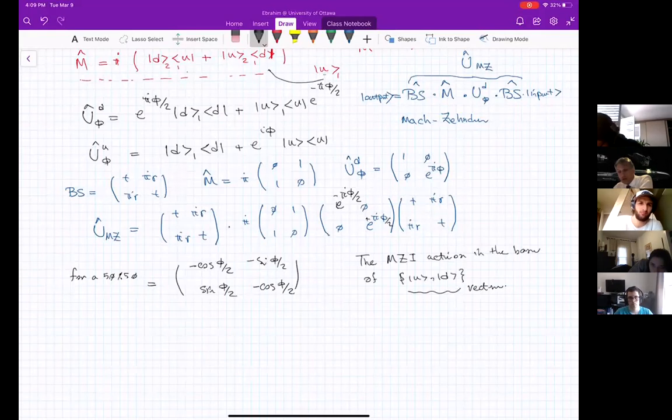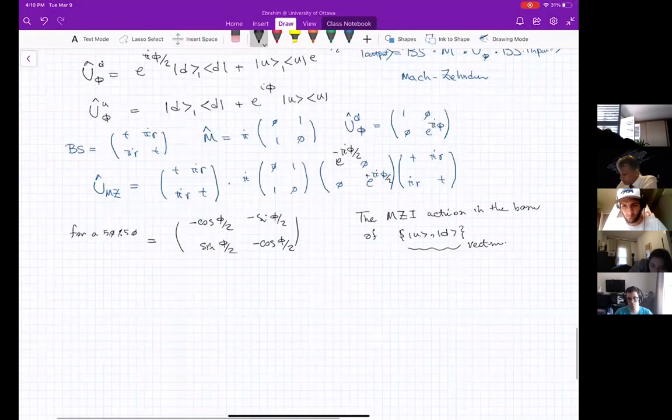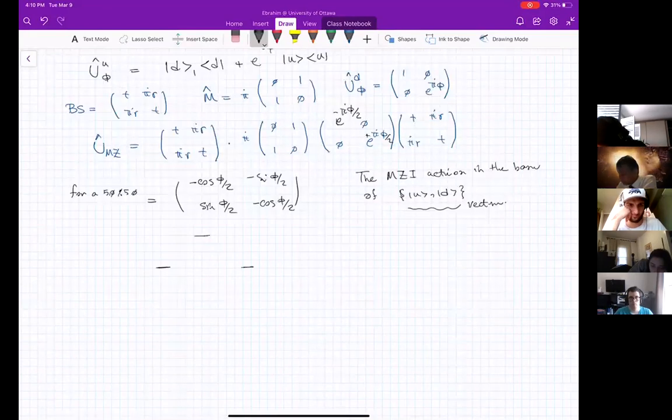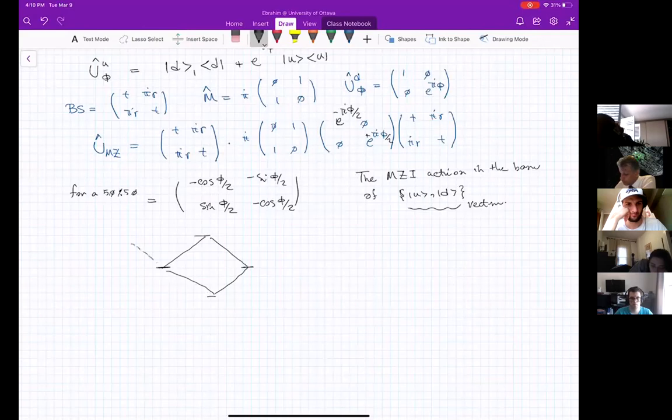Good. Now, let's verify what I will get for some specific cases. So this is my Mach-Zehnder interferometer. It has an input, which is up and down. Sorry, this is down, this is up.